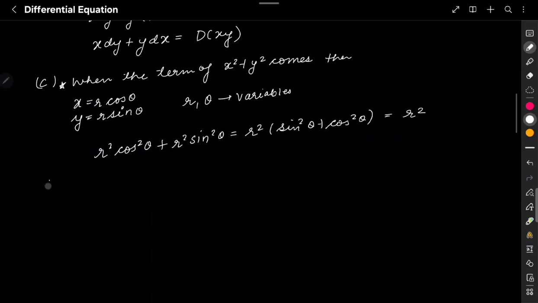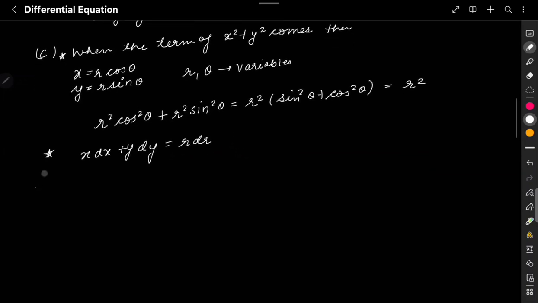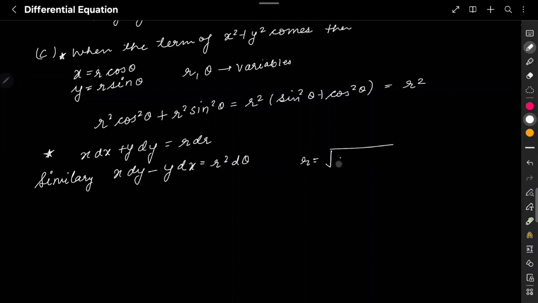Now next, x dx plus y dy is equal to r dr. Similarly, we have x dy minus y dx is equal to r² dθ, where r is under the root x² plus y², because we saw x² plus y² is equal to r².